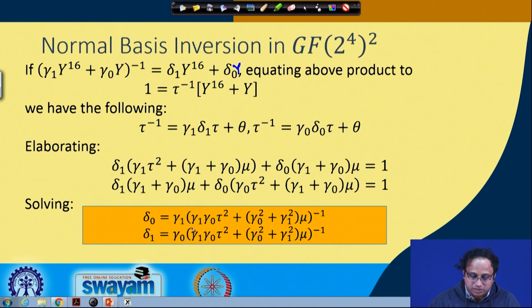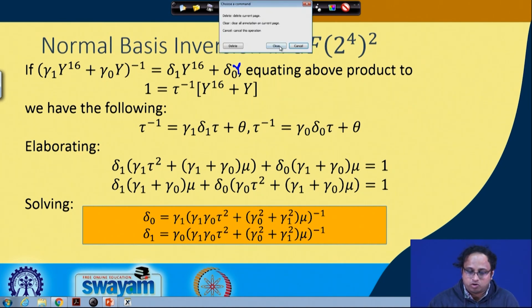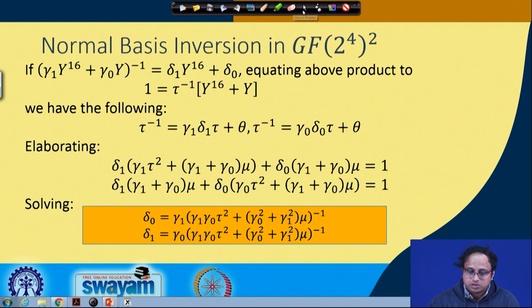You can note here that there is an inversion which you are doing right now if you want to get the delta 0 and delta 1 outputs, but this inversion is now in GF 2 power of 4. So you have basically expressed a higher dimension inverse in terms of a smaller dimension inverse, and that is essentially the trick which we have also done for polynomial basis, and we are trying to adopt that for normal basis as well.